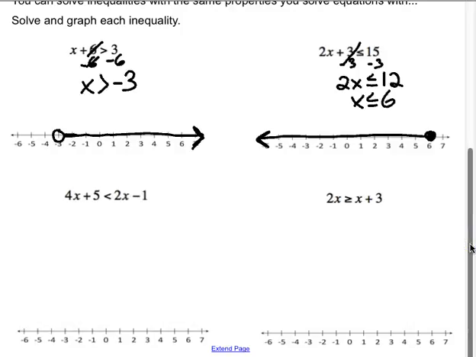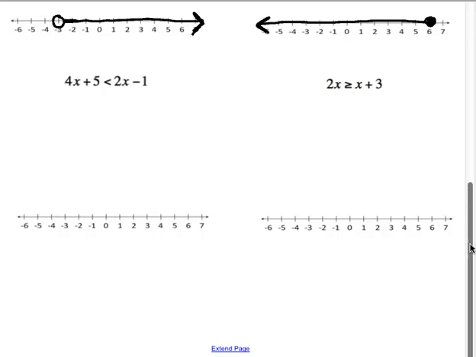Our next one. Here I see my variable on both sides. That means I'm going to subtract off the 2x from both sides to get 2x plus 5 is greater than -1.